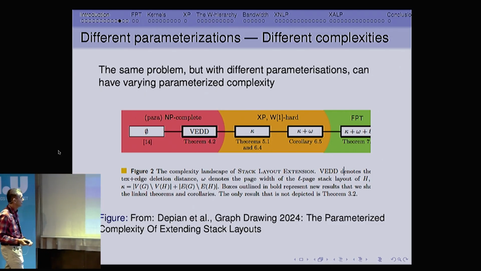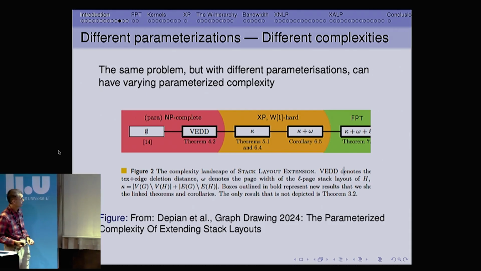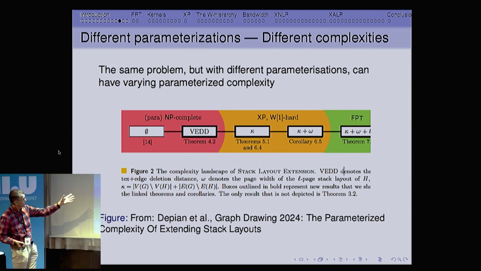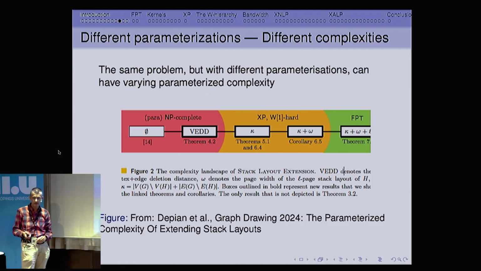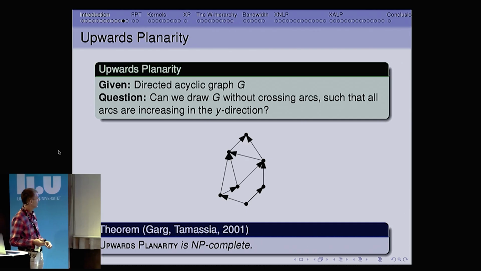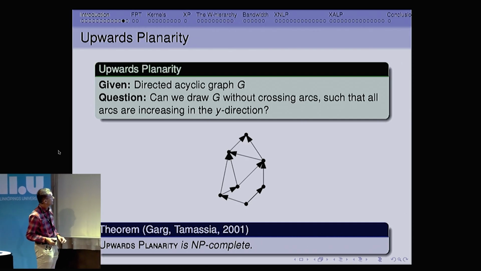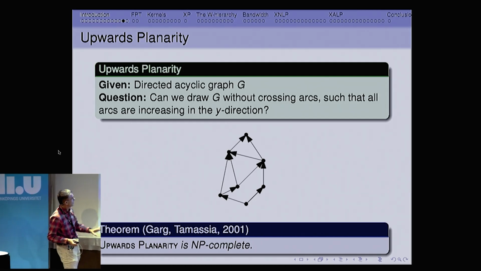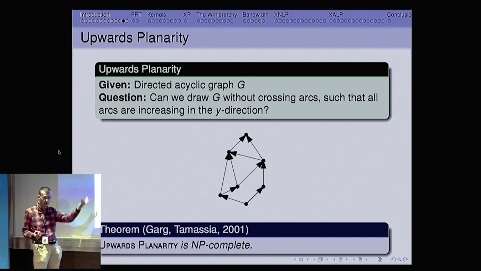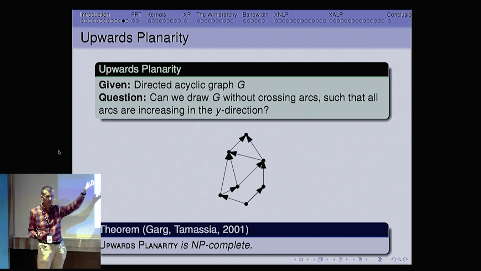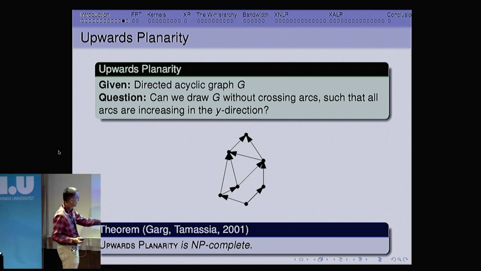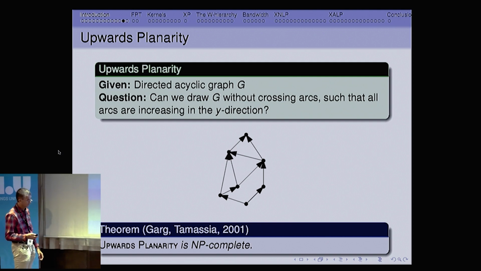This is actually a diagram from the proceedings of Graph Drawing last year, where the authors, Depian et al., showed for different parameterizations that you really have this different type of behavior. One of the running examples was upward planarity. Here is just the problem again: given a directed acyclic graph, I want to draw it such that all the arcs have an increasing value in the y direction. And this was already known for almost a quarter of a century to be NP-complete in general.